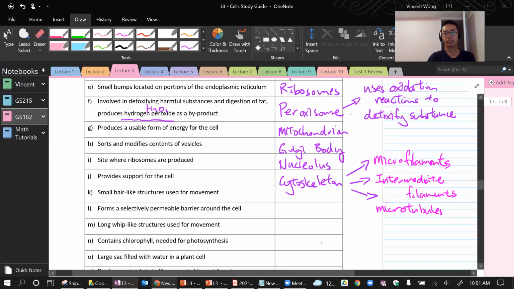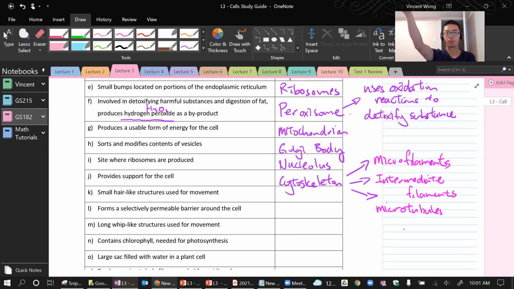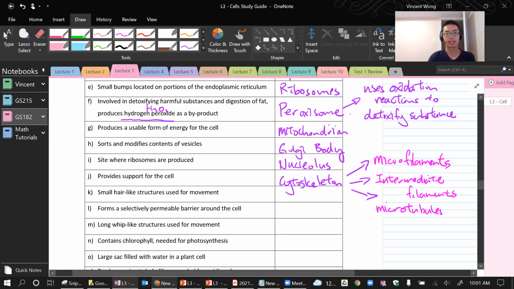Microtubules form tracks for vesicles to move through. How does the vesicle know how to go from the endoplasmic reticulum to the Golgi body, for example? Well, there are microtubule tracks that would guide the vesicles to their destination.